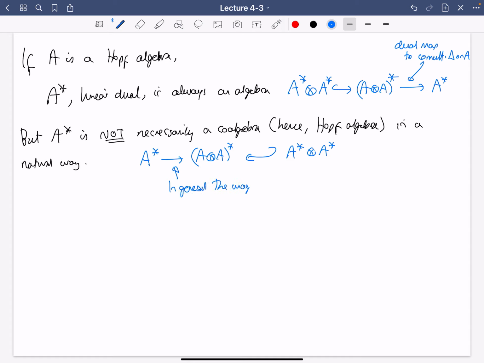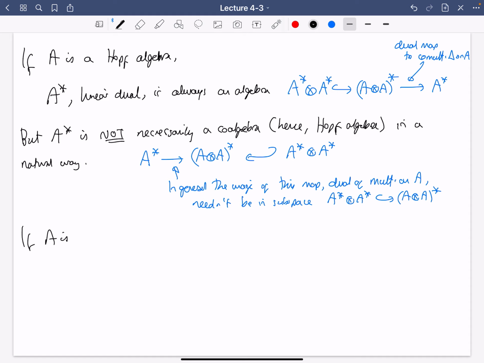the image of this map, the dual of the multiplication on A, needn't be in the subspace A star tensor A star naturally embedded into A tensor A star. So you don't get a co-multiplication from the construction that you obviously hope that you could do.